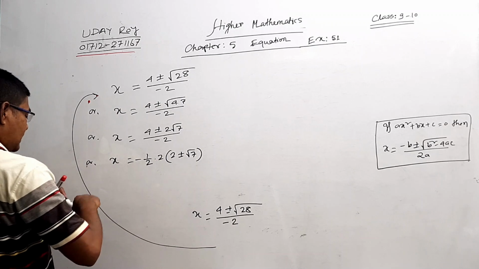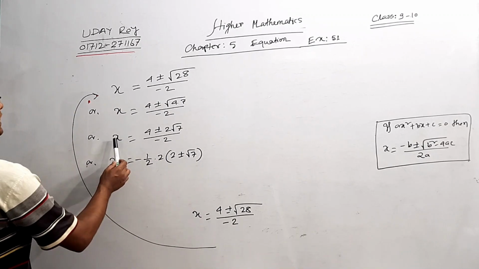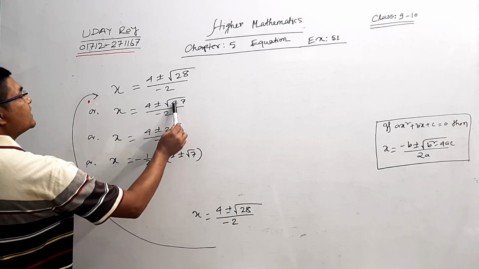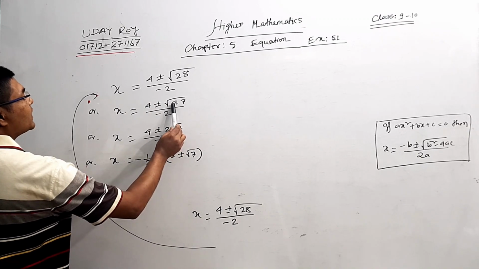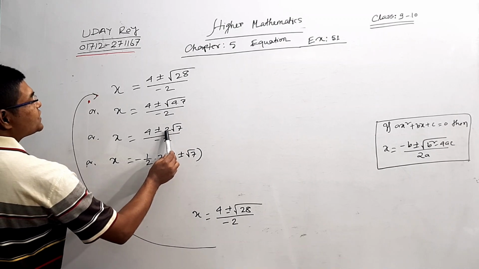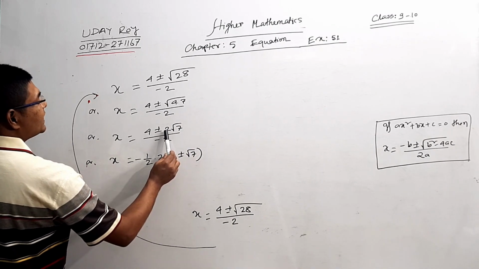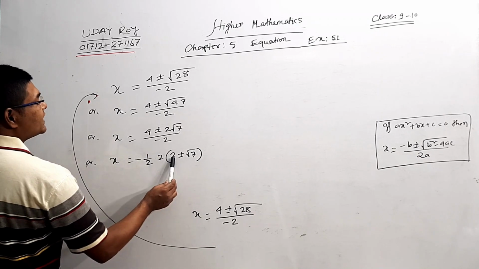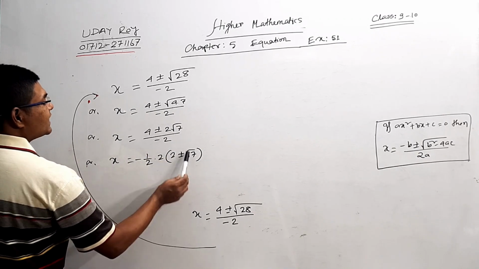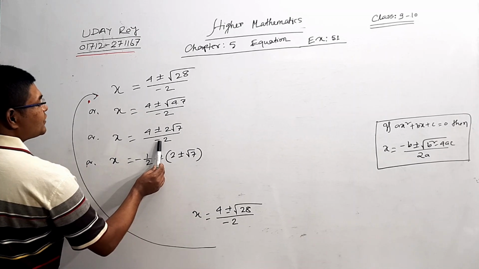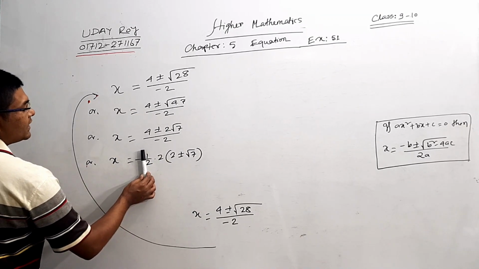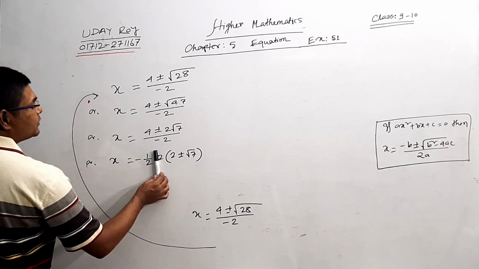If we take common 2, we get square root of 7. You can see we will get 2 from the square root, because 4 is a perfect square. So we will get 2, square root of 7, and 2, 4. Take common 2, that means we get 2, plus minus square root of 7, and minus 2, that means take common in front of 2.